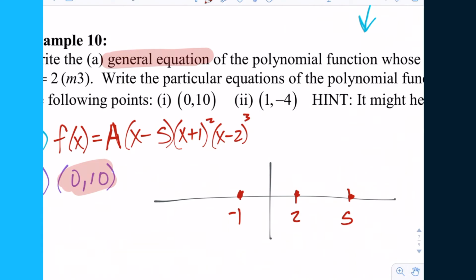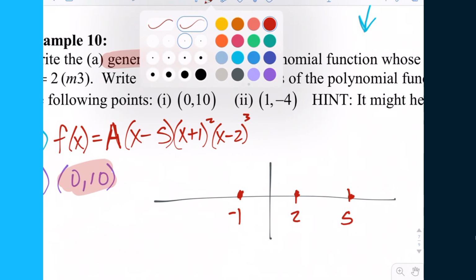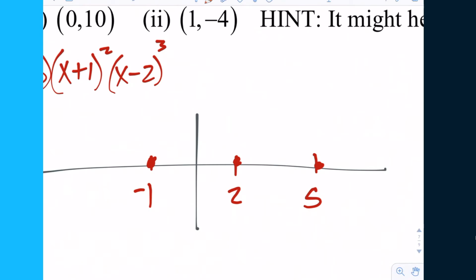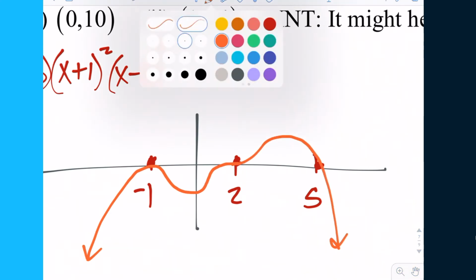So we're going to bounce at negative 1, and wiggle at 2. So here's what the graph could look like. Bounce, wiggle, cross. It could look like that.